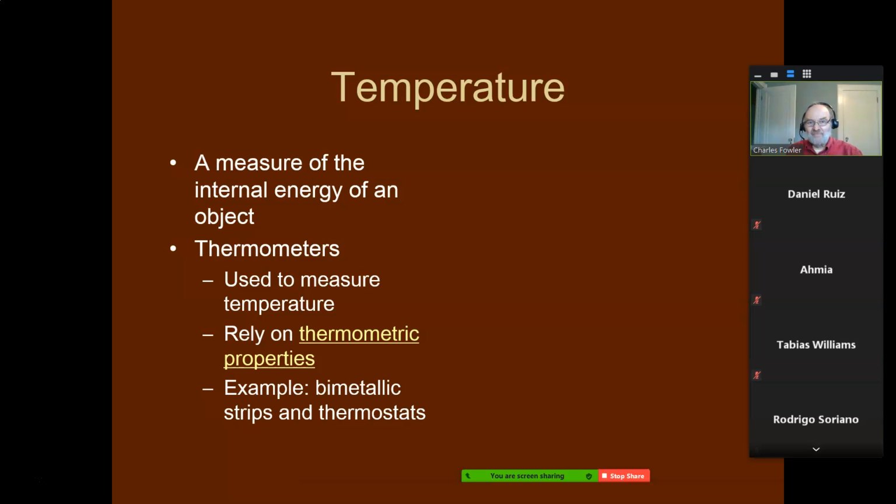Once we do temperature, then we'll do a few other things and then get to heat and sort of tie them together. It's more like temperature and heat.